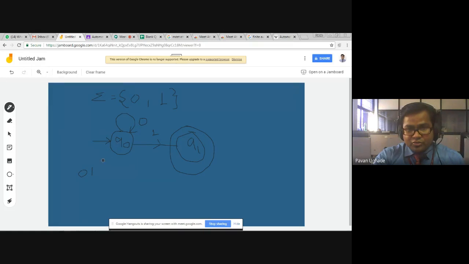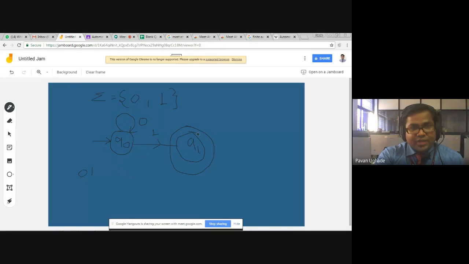It always starts from Q0; the transition cannot start from Q1, because we have given Q0 as the initial state. So Q0 over 0 goes to Q0. Then reading 1, it moves to the final state. And you see, Q0 has both the transition over 0 as well as 1.